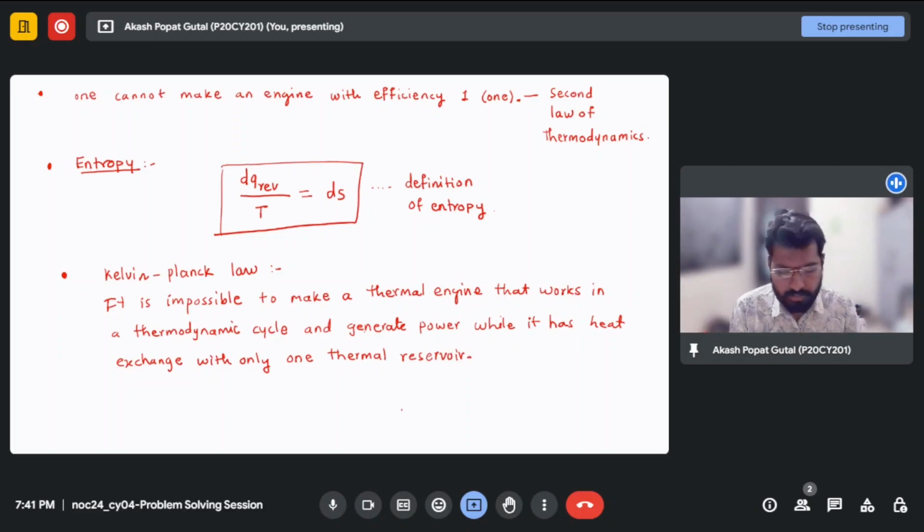So it's impossible to construct such a heat engine.